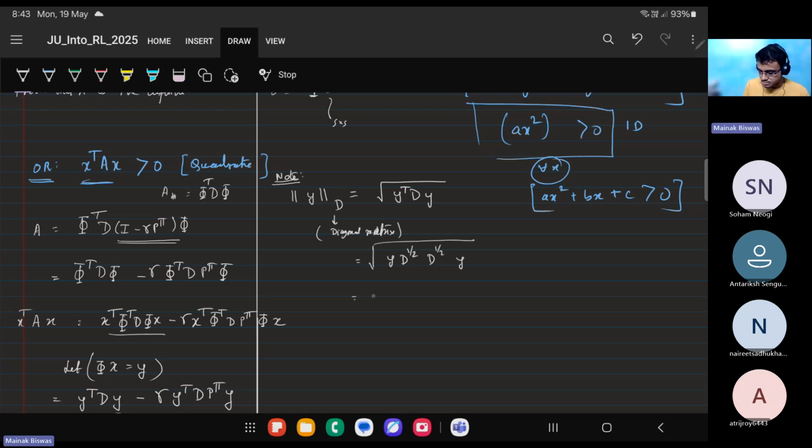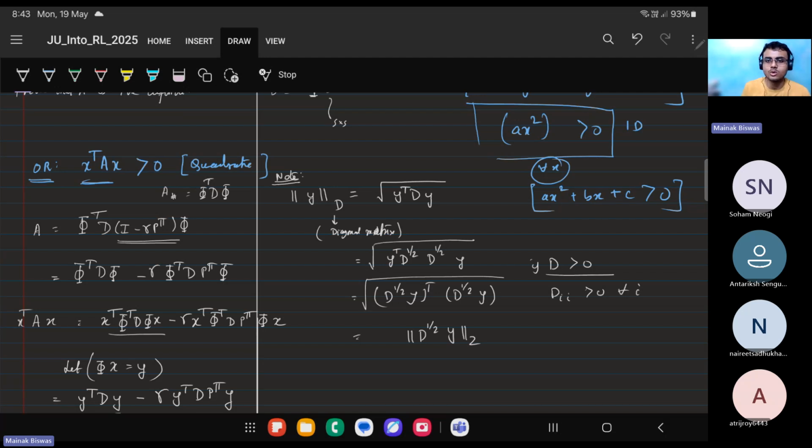This is D to the power half y transpose D to the power half y. This is the L2 norm of D to the power half y squared, if D is greater than 0, that is d_ii greater than 0 for all i. Correct?